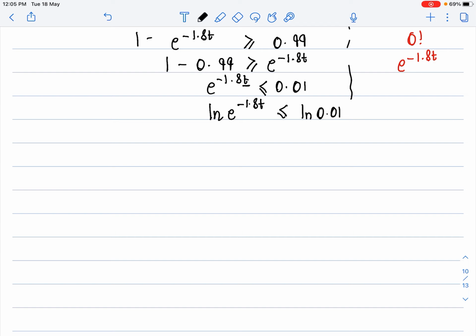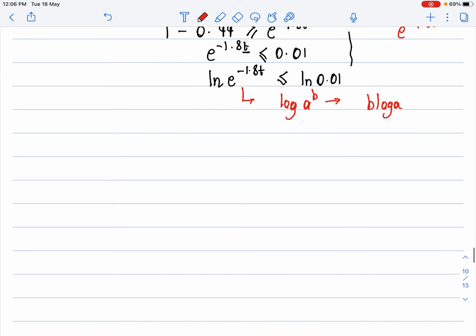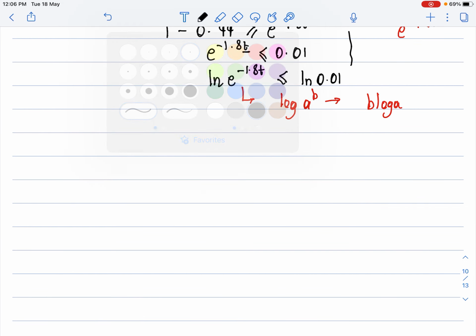Now I know a log property which suggests that the log of a raised to b can be written as b log a. So using this log property, I can write this as minus 1.8t ln e is less than equal to ln 0.01.